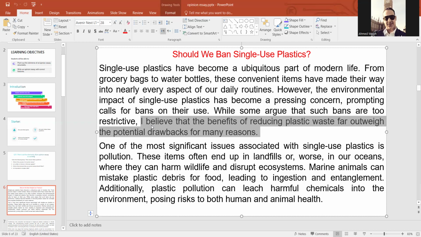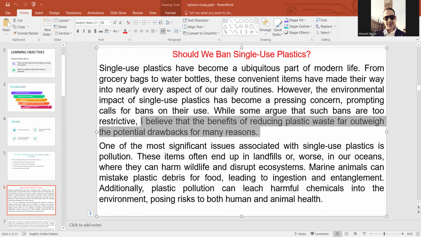You need to write 3 paragraphs out of 4 supporting your opinion, your point of view, and 1 paragraph against, with the opposing point of view. That's why I say it's a must to mention your opinion in the introduction.